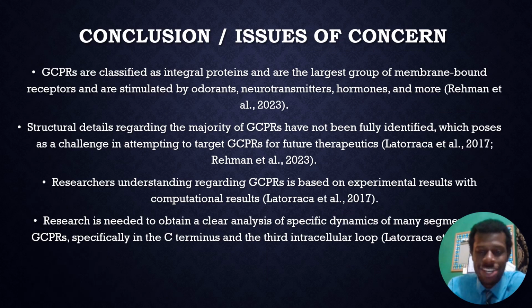As a conclusion, as we wrap up our lesson for today, I'm just going to recap a few things. GPCRs are integral proteins, and they comprise approximately 3 to 4 percent of human genes. I've said this a billion times, and I'll say it one more time: GPCR means G protein coupled receptor.